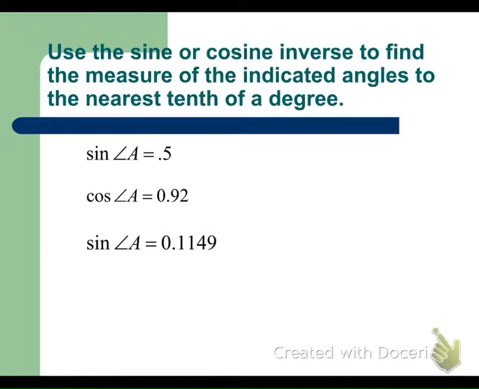Okay, so to solve for these, we want to find our missing angle. We're going to apply the inverse button. So you now have sine inverse of 0.5. What is sine inverse of 0.5? 30. So it ends up being exactly 30 degrees. We now want to find cosine inverse of 0.92. 23.1.